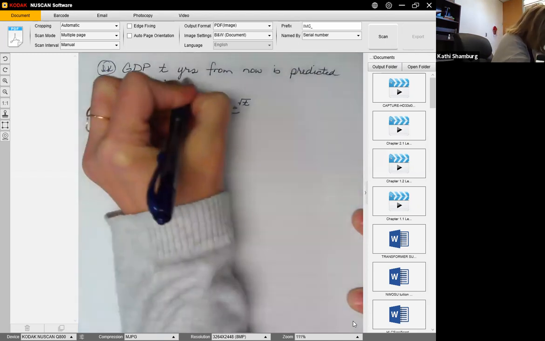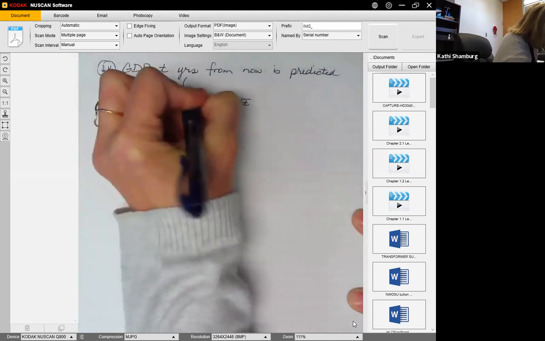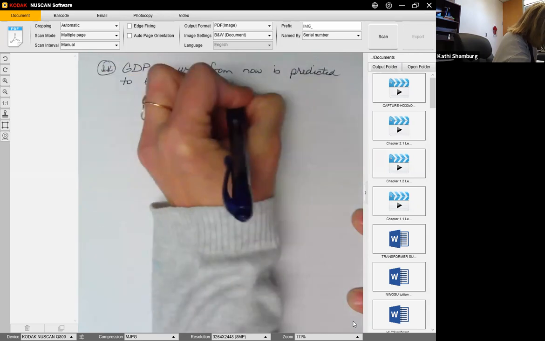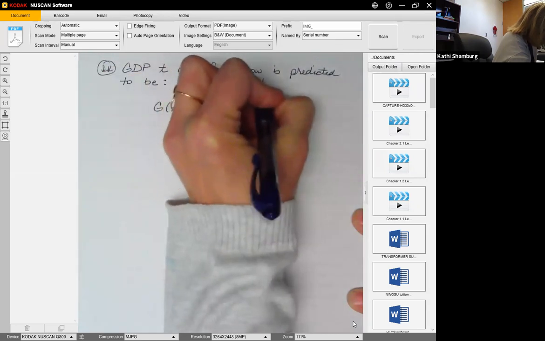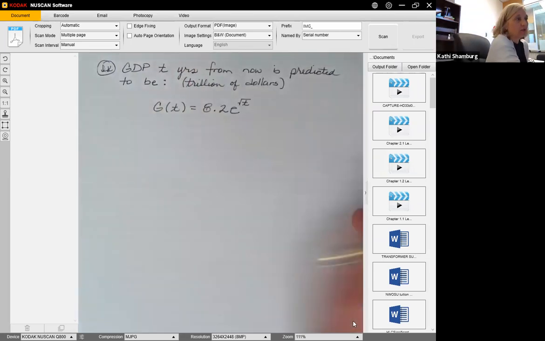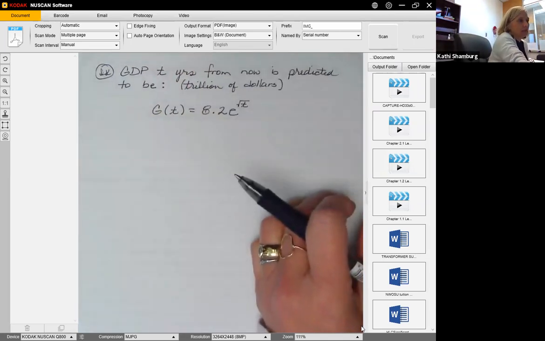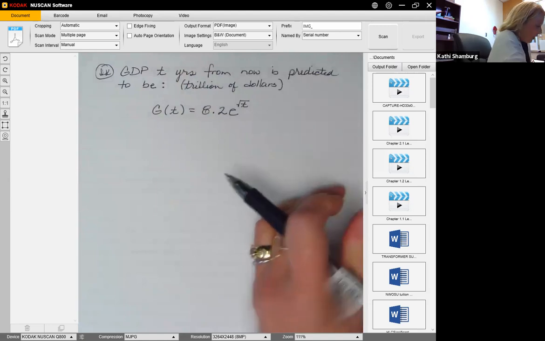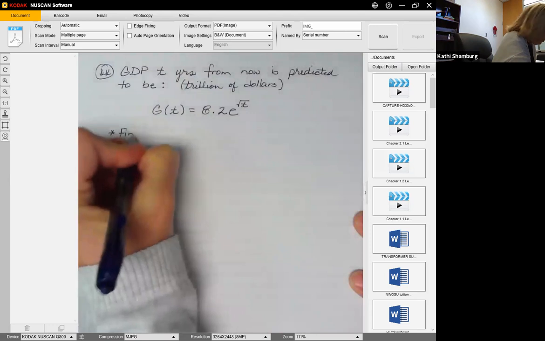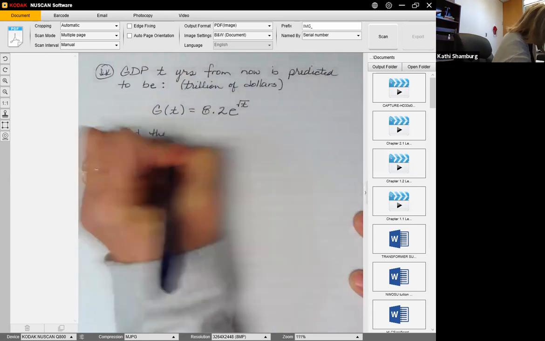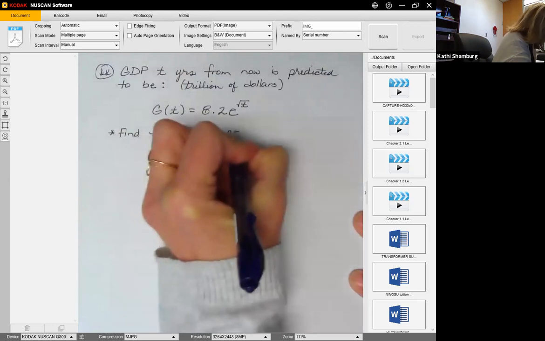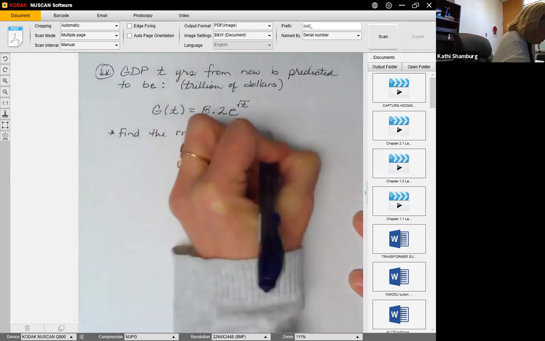Now, this is given in trillions of dollars. So if you did an input and your output is 5, that doesn't mean $5, it means $5 trillion. Okay, so you may be asked, find the RRC in 25 years.